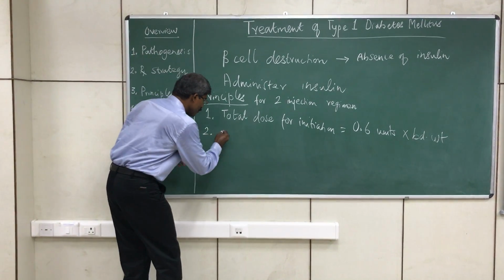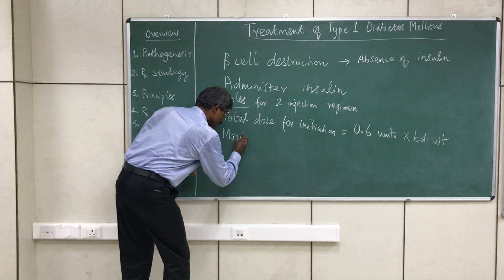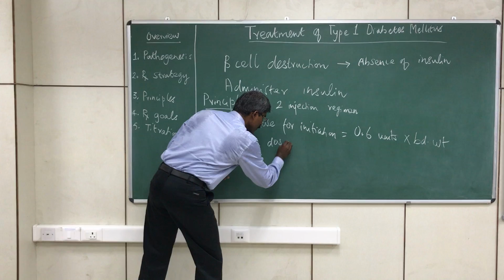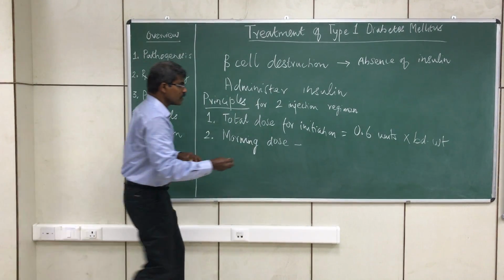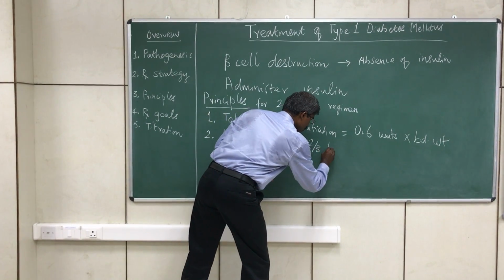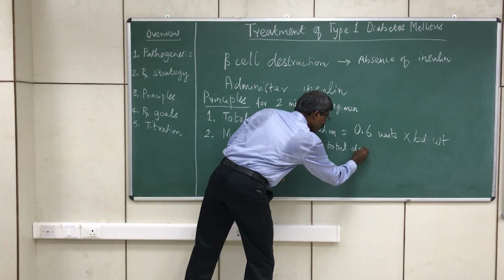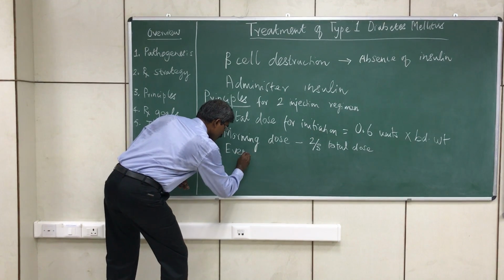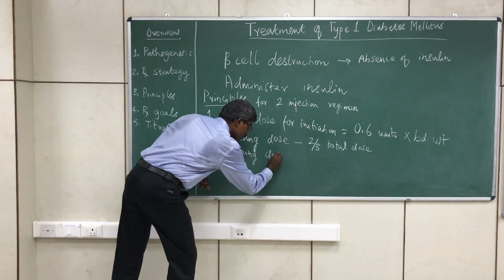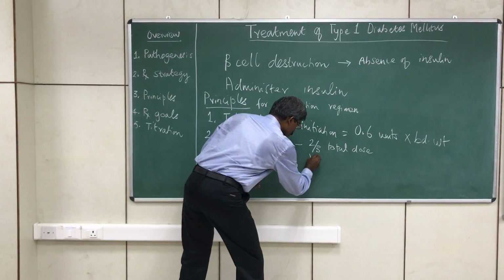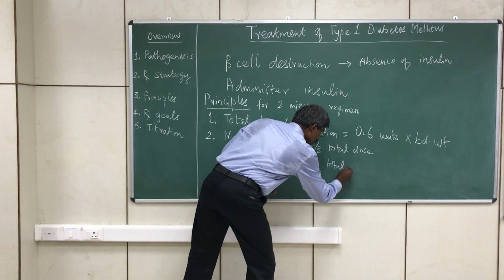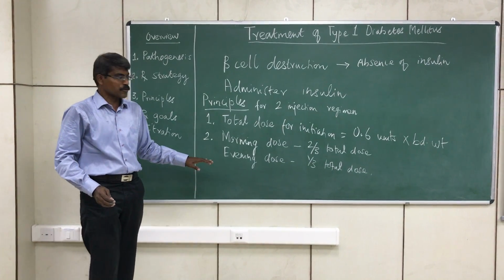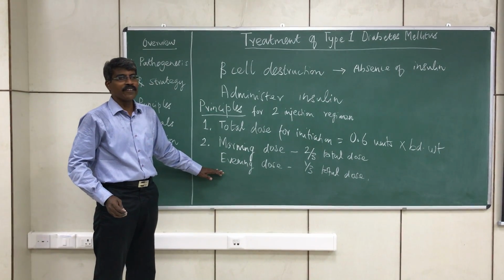We are going to give it as morning dose and as evening dose. Morning dose is 2/3 of the total dose, so evening dose becomes 1/3 of the total dose. That's the second principle, which tells how much of the total dose should be given in the morning and how much in the evening.